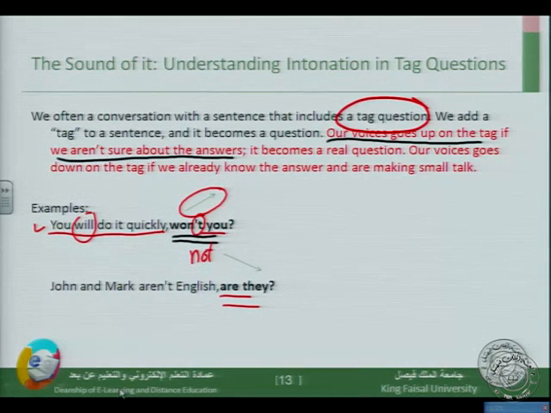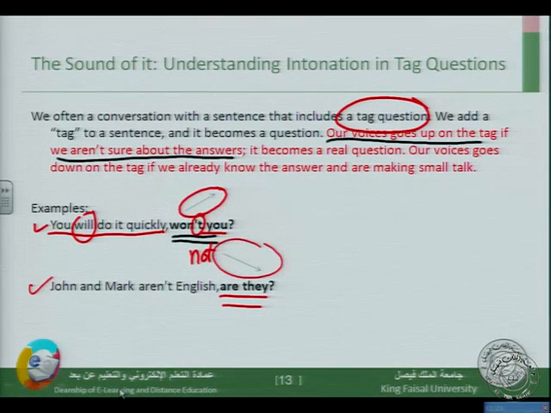Okay? Whereas our voice goes down in the tag if we already know the answer and are just making small talk. For example, look here. John and Mark aren't English, are they? There's a difference. I didn't say, are they? Are they?